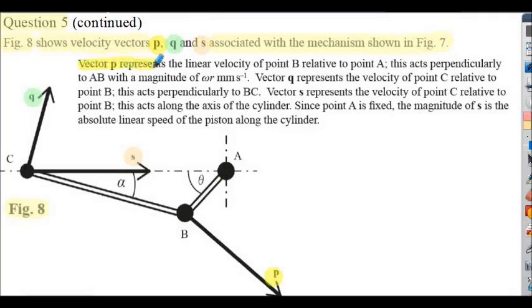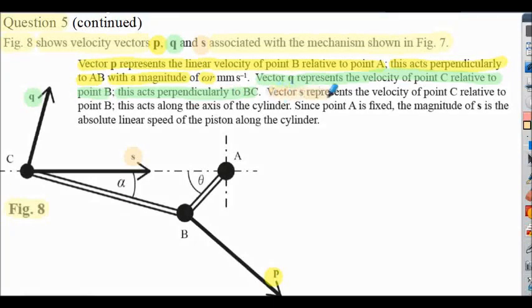Vector P represents the linear velocity of point B relative to point A. This acts perpendicularly to AB with a magnitude of omega r, millimeters per second. Vector Q represents the velocity of point C relative to point B, and this acts perpendicularly to BC.